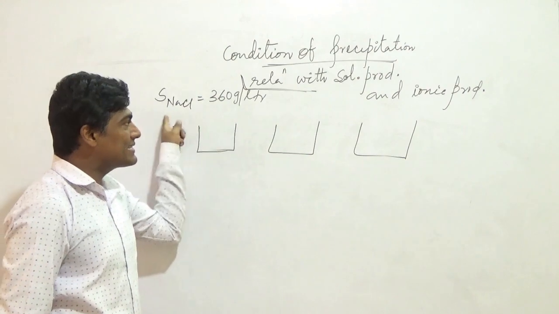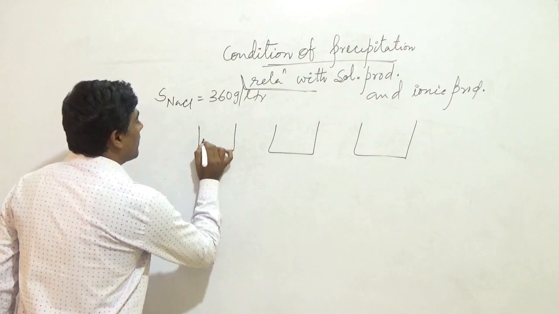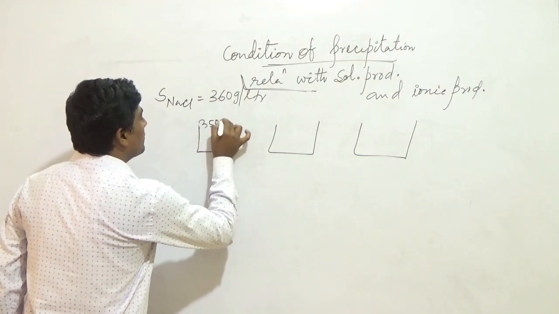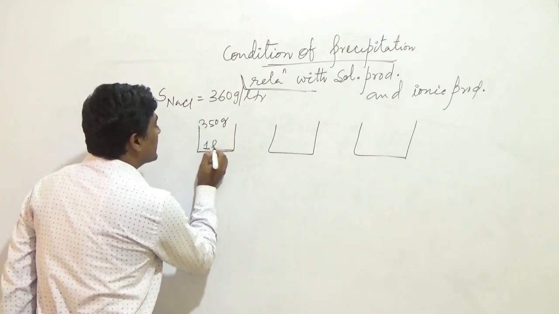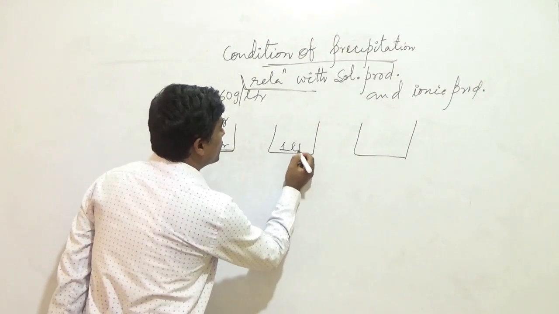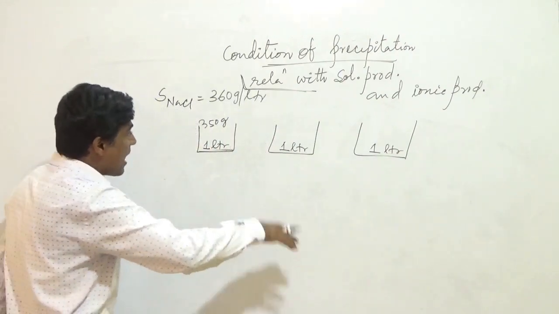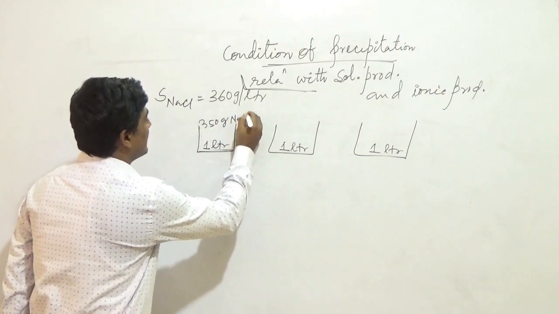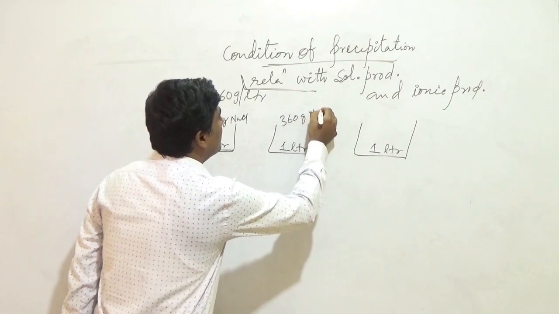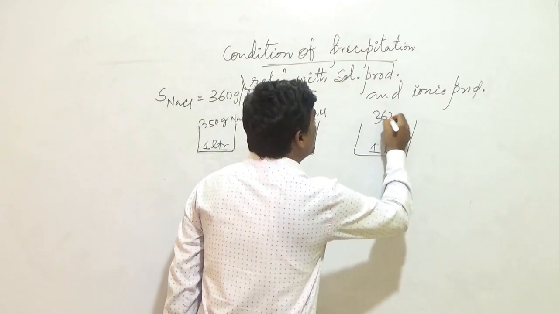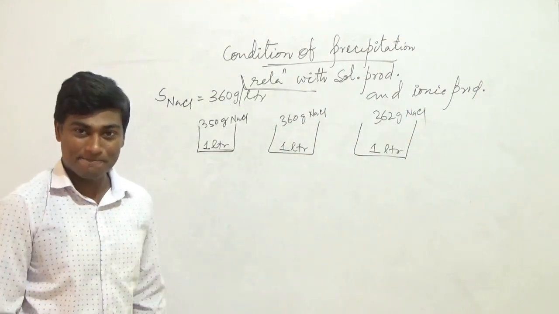Each vessel contains 1 liter of water. I am adding 350 gram of NaCl here, just 360 gram NaCl here, and 362 gram of NaCl here. So three different cases.